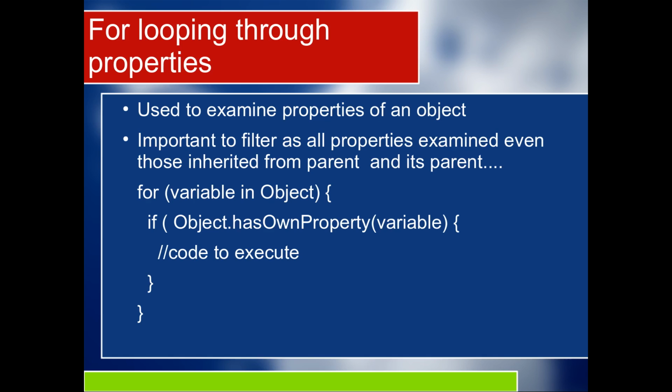If that object has its own property, that is the variable, then we're going to execute a block of code. That's the general structure and how this is generally used. I know this is kind of confusing because I'm using terms like inheritance, objects, and arrays that we haven't discussed yet. But we will, and you will find this to be an extremely useful iteration.